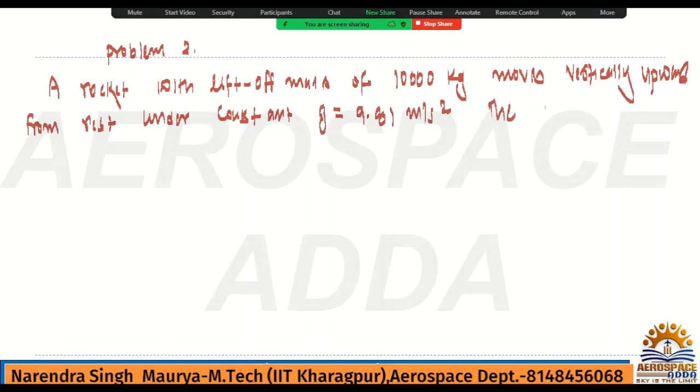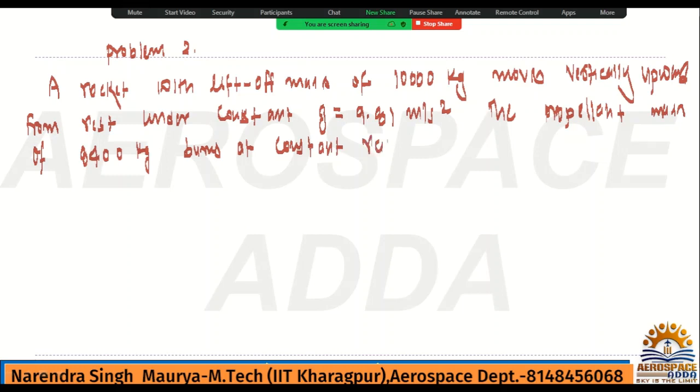The propellant mass of 8,400 kg burns at a constant rate of 1200 kg per second.